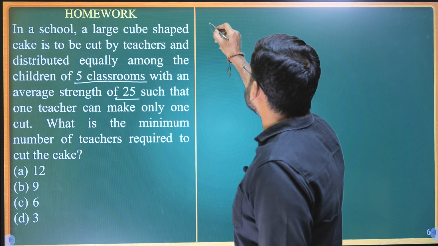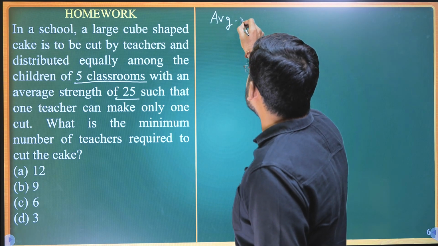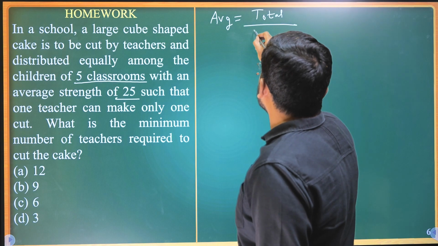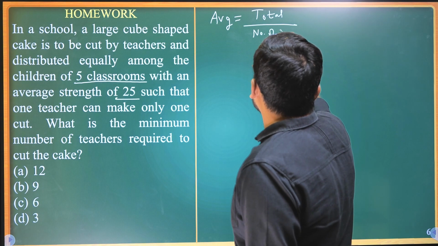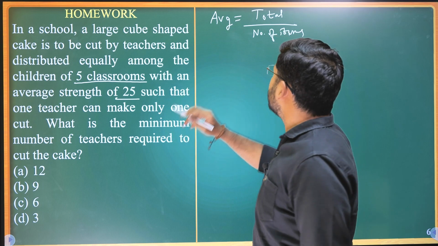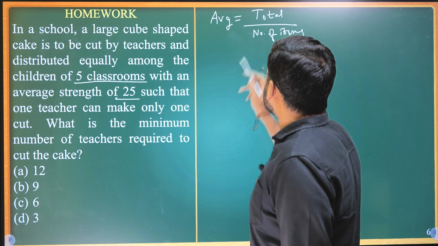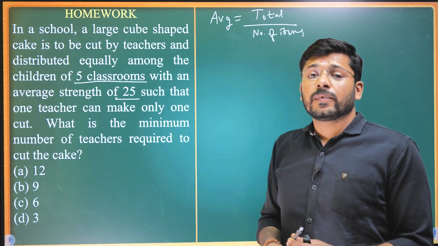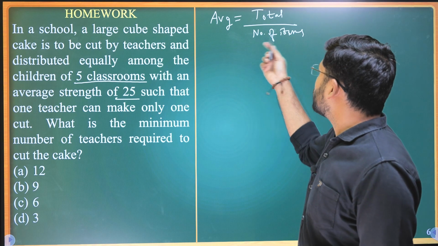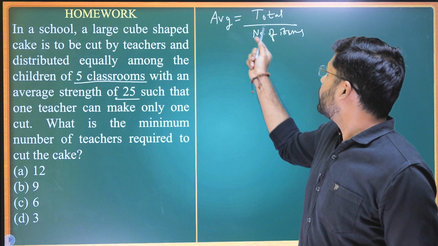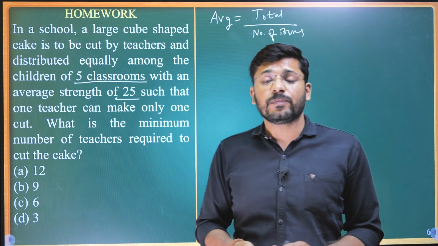Use this formula. Average is equal to total divided by number of items. The average is 25. The total would give us the total strength of the school. The number of items would be 5, because there are 5 classrooms. So put 25 here, put 5 here, then you will get the total strength of the school.